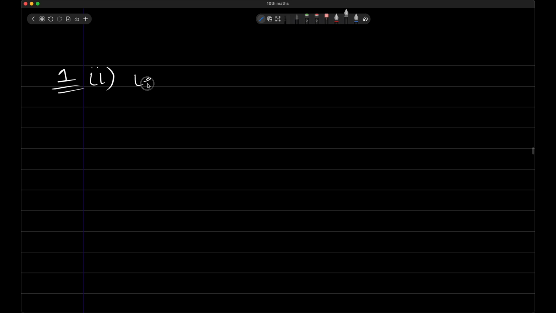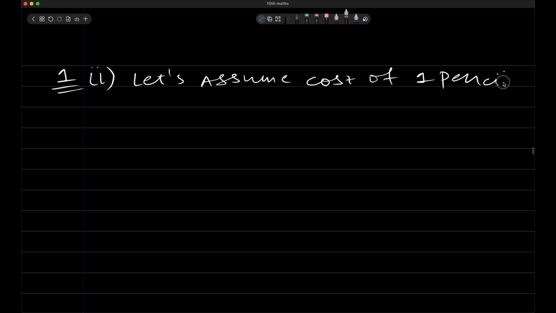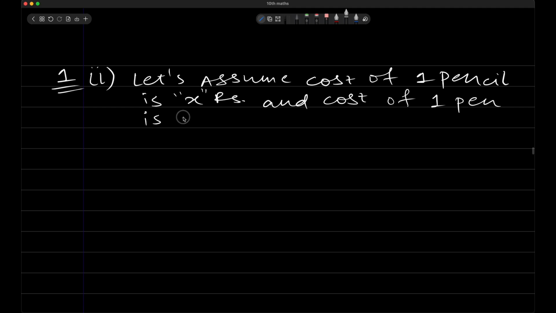So let's assume cost of one pencil is x rupees and cost of one pen is y rupees.